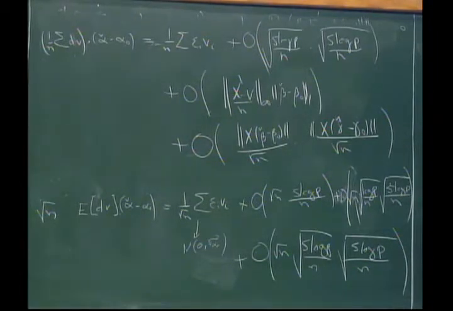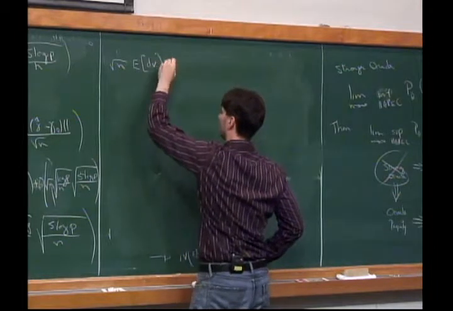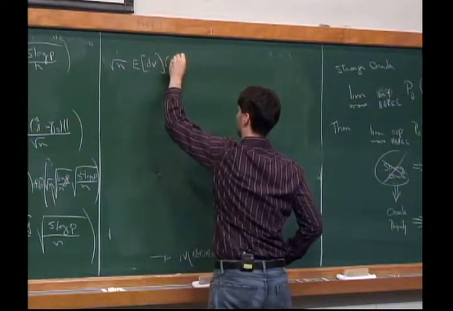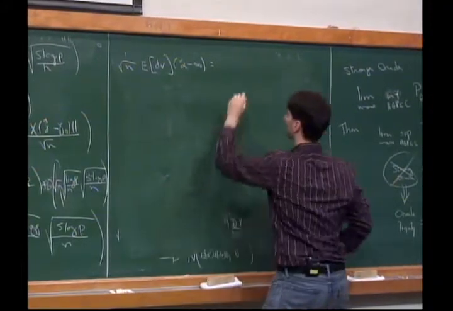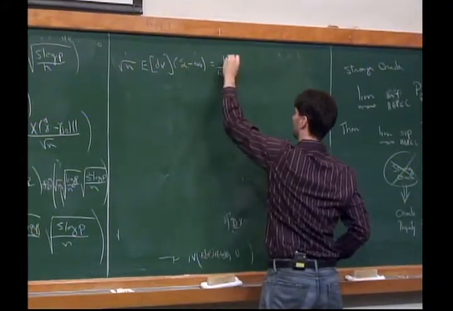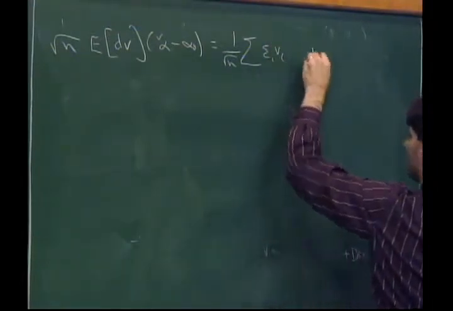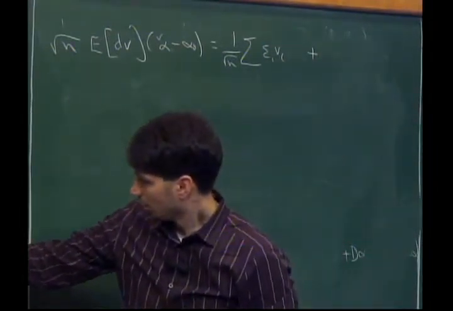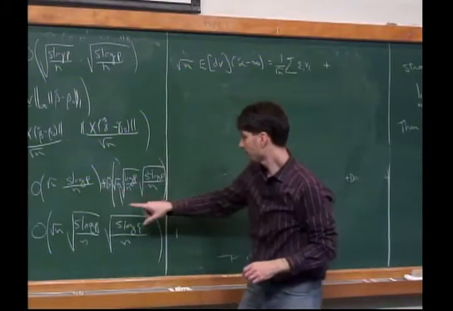And essentially, we get root n times alpha check minus alpha naught equals, the first term is the one that's going to go to normal, so that's the good term, plus, square root n is going to cancel with one of those.